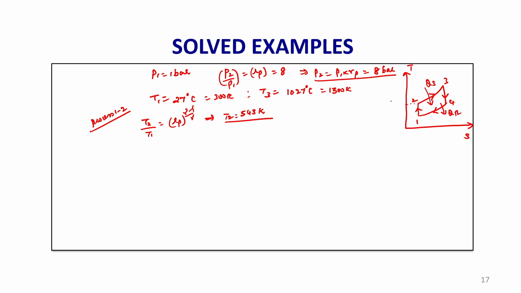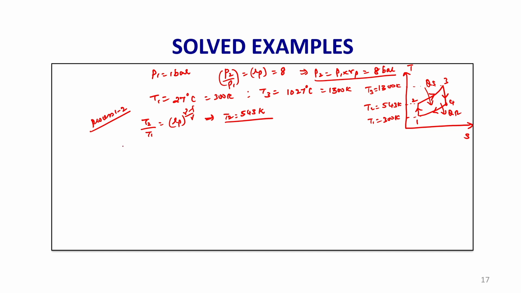Temperature here T2 is 543 Kelvin, and T1 is equal to 300 Kelvin. So, after compression the temperature has risen. This is 1300 Kelvin, that is the maximum temperature in the cycle. Next we have to find out T4.